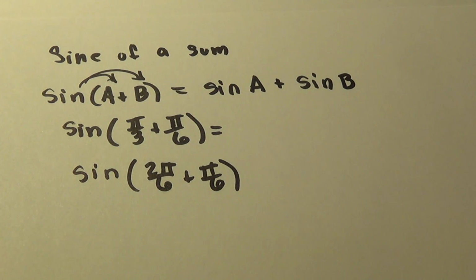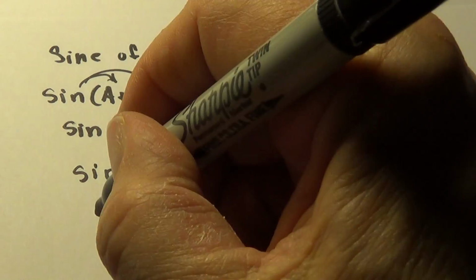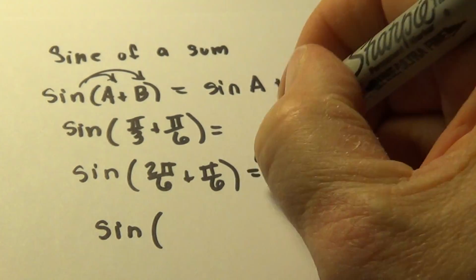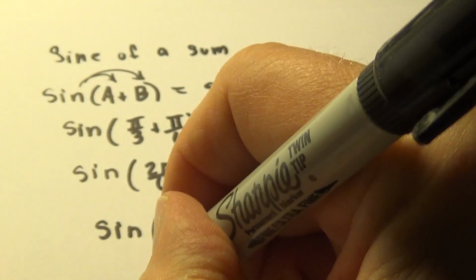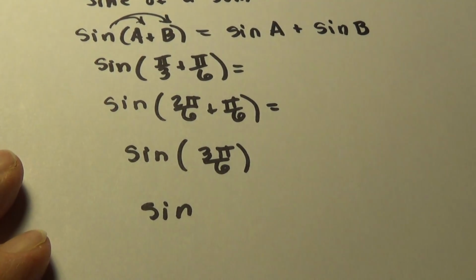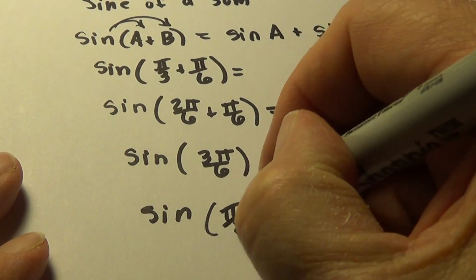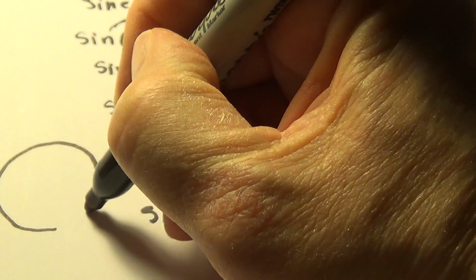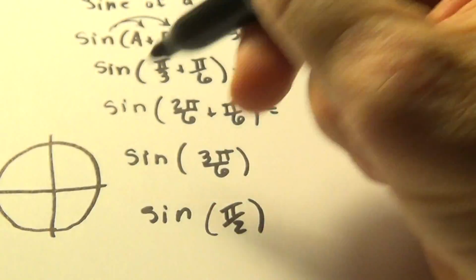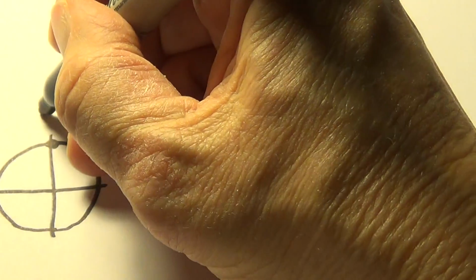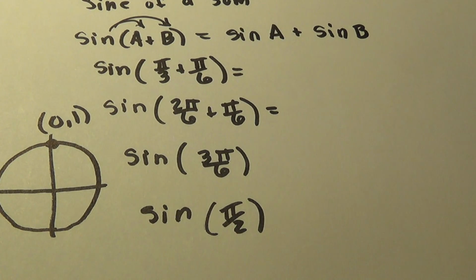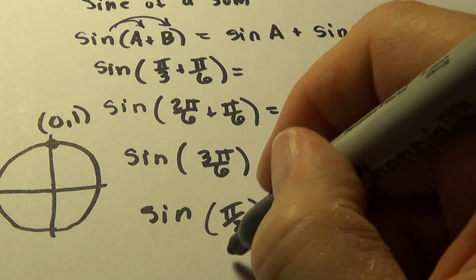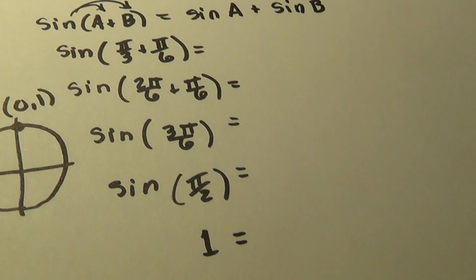So it becomes 2 pi over 6 plus 1 pi over 6, which equals sine of 3 pi over 6, which is sine of pi over 2. Let's take a peek at the unit circle. At pi over 2, the sine is 1. So on this side of the equation, just from knowing these quantities, we got a 1.